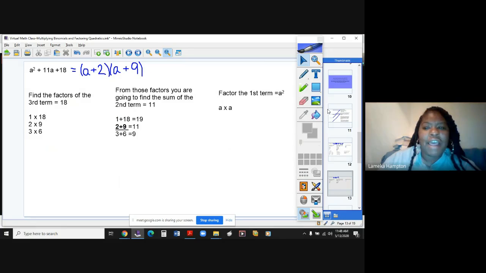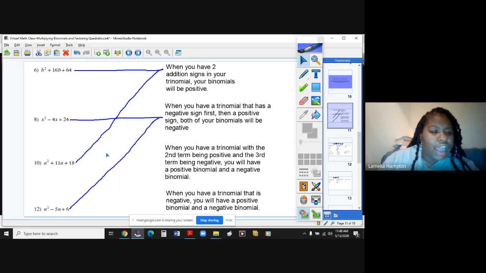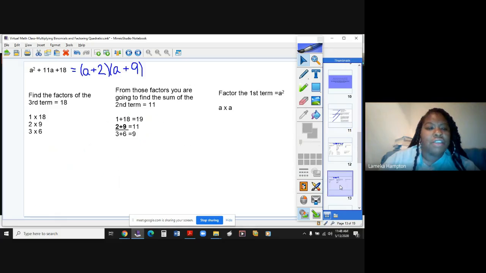And if we go back to our second slide where we had to see that our binomials will be positive, we were correct because we have two addition signs here. So because you have two addition signs in your trinomial, that basically means that you are going to have positive binomials. Okay, so hopefully you all can see that. All right.